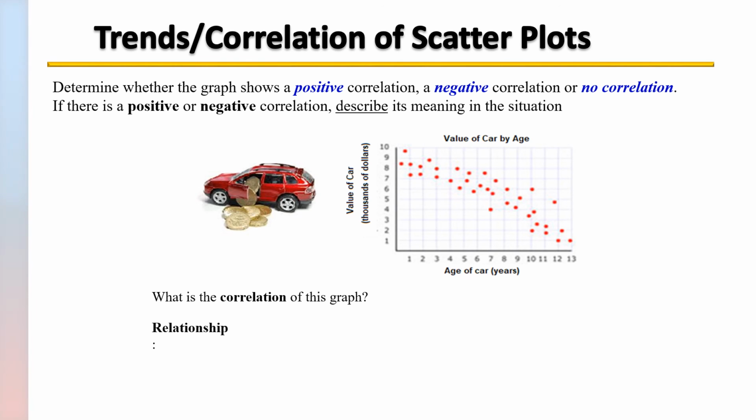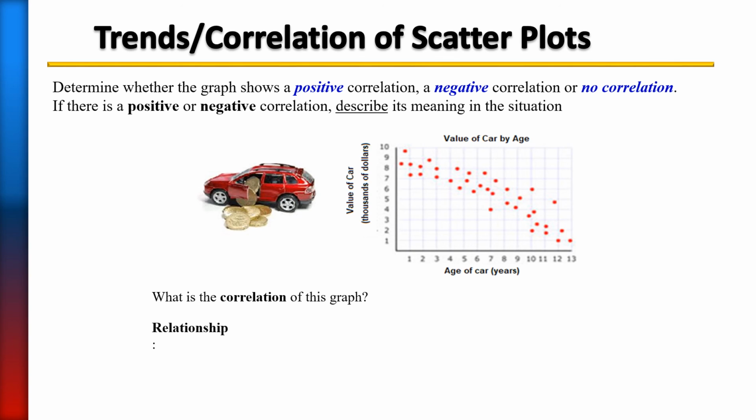So in this particular example, we are asked to determine whether the graph shows a positive correlation, a negative correlation, or no correlation. Now, if there's a positive or negative correlation, I'd like for you to describe the correlation or the meaning. So here we see the relationship of the age of a car in years versus the value of the car.